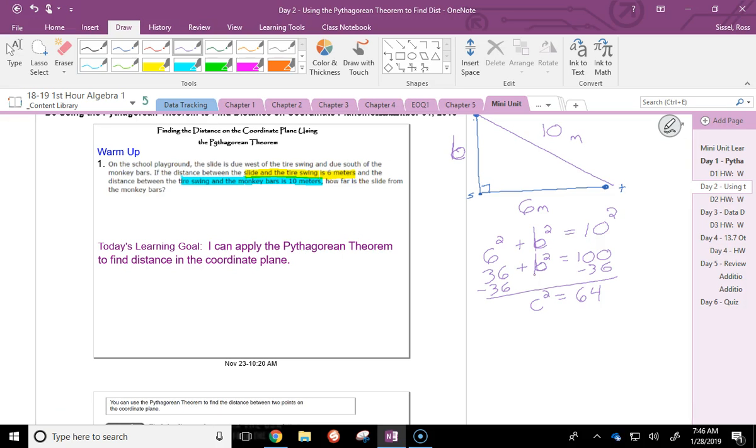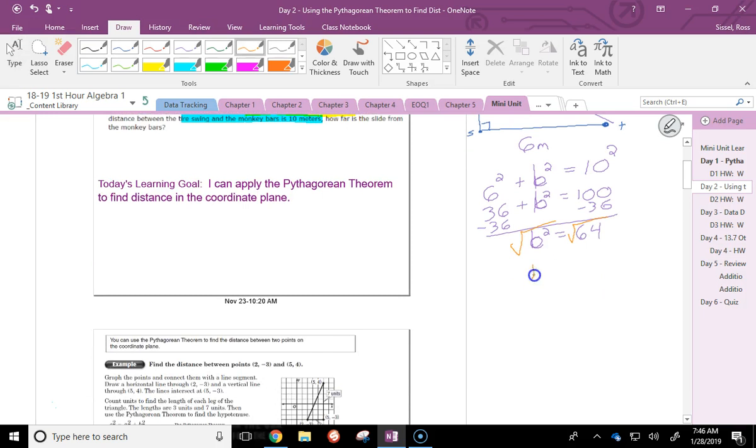You're right, that would be B. C, we're always saying it's the hypotenuse. So, B squared. And we undo an exponent being squared by square rooting. And the square root of 64 is 8. So you would say your answer is 8 meters.